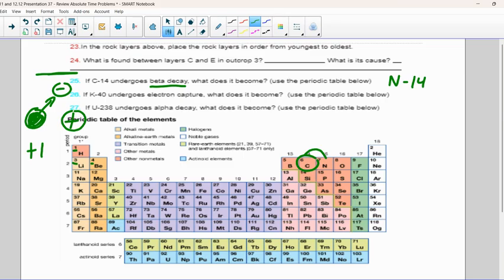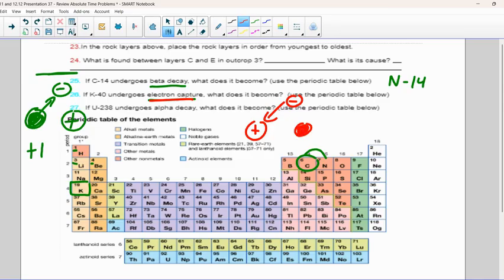Potassium 40. So potassium is right over here, atomic number 19. It undergoes electron capture. In electron capture, let me do that a different color. In electron capture, we have a proton in the nucleus. An electron comes in, and the two charges cancel out, and it becomes a neutron.